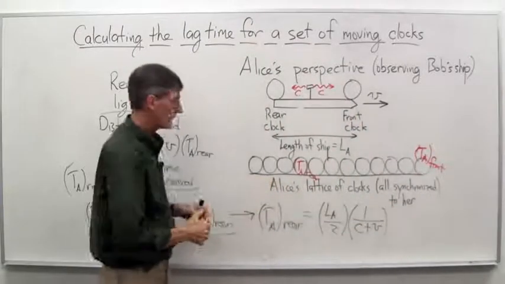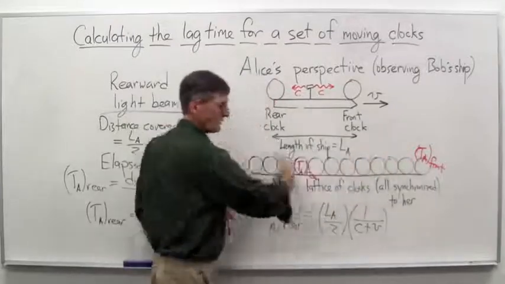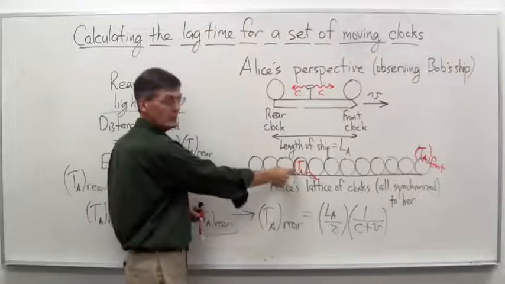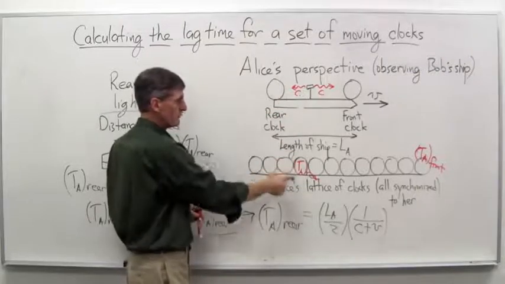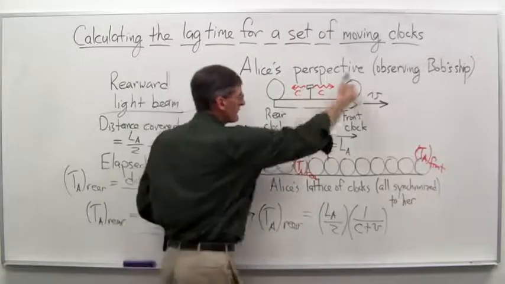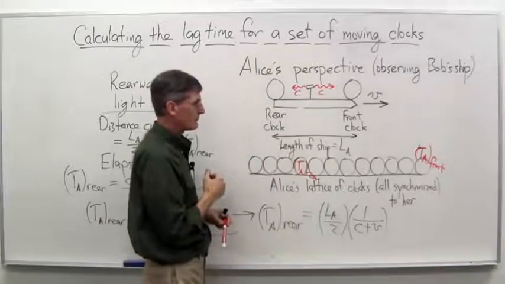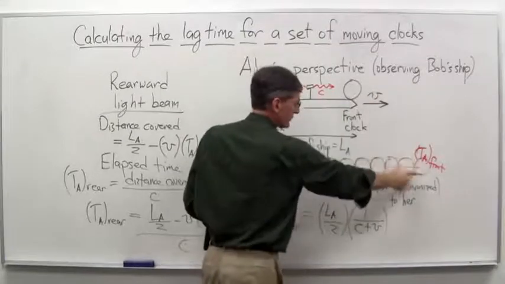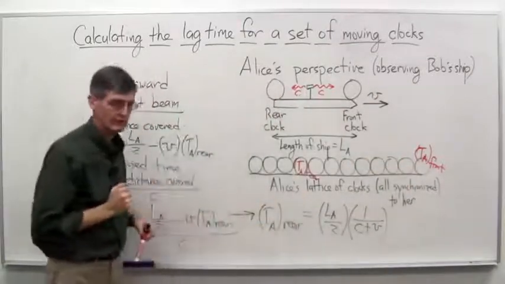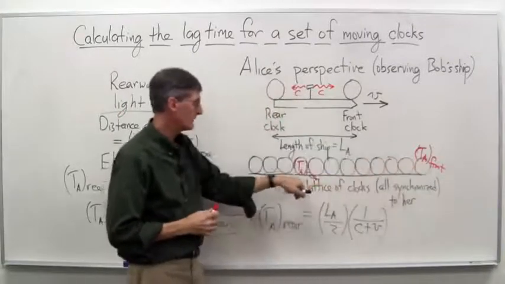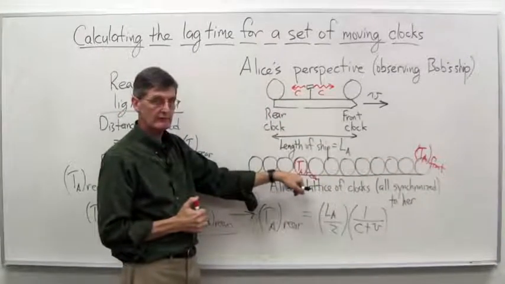At that instant in time, all of Alice's clocks say TA front. They're all synchronized, so it's 0, 1, 2, 3, boom. Rearward one hits, record that, wait a little bit more for the front going photon to catch up to the front clock, and boom, at that instant in time, do the flash, it'll read TA front. Where TA front here is going to be a later time than TA rear.